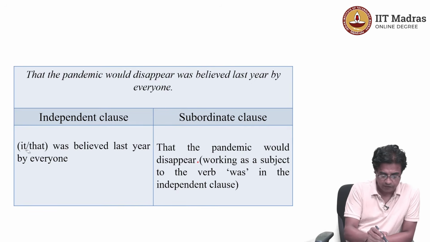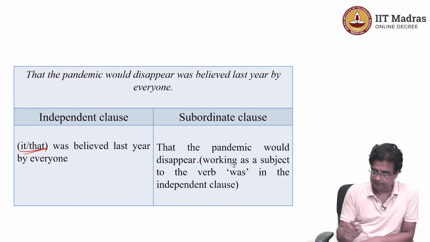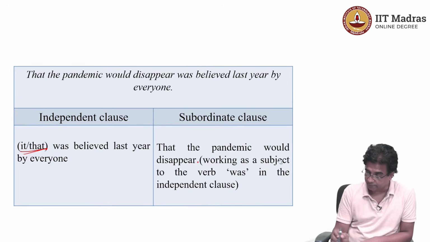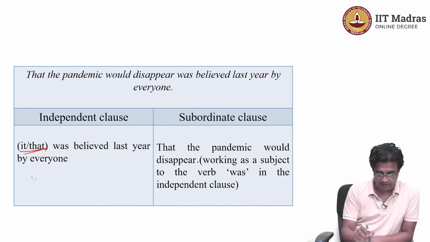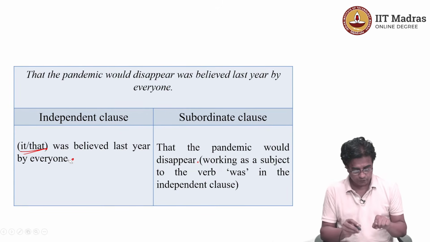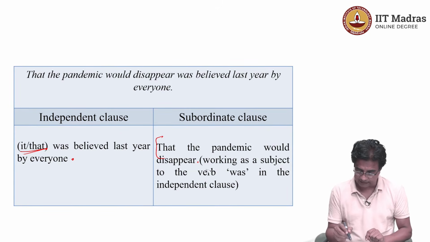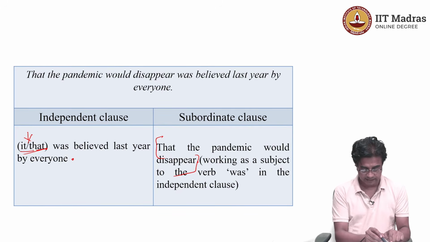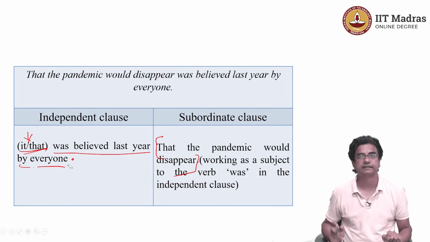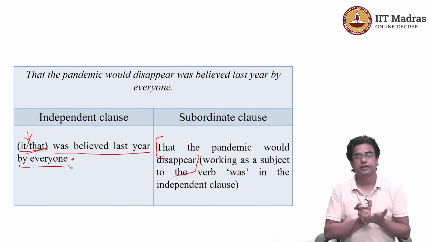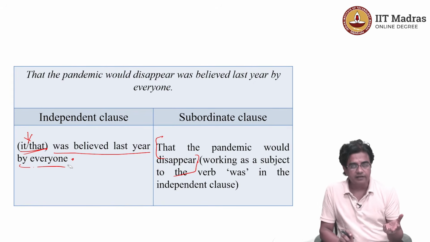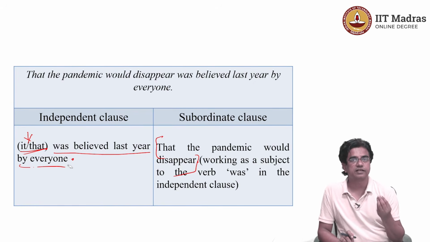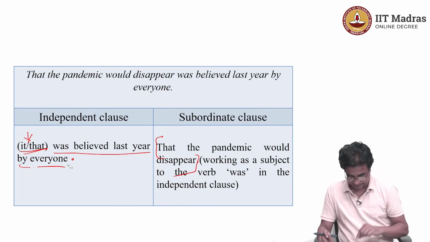So if you replace this, that the pandemic would disappear was believed last year by everyone. So this whole thing, that the pandemic would disappear, if it comes here, then it becomes the subject of this passive sentence. So a whole clause has a nominal function and can be the subject of this sentence.